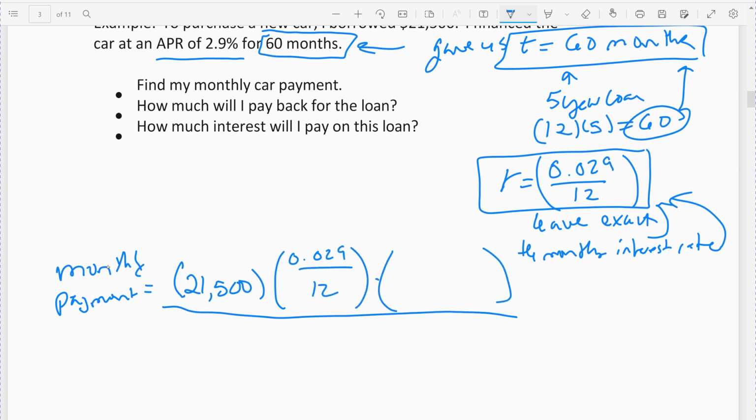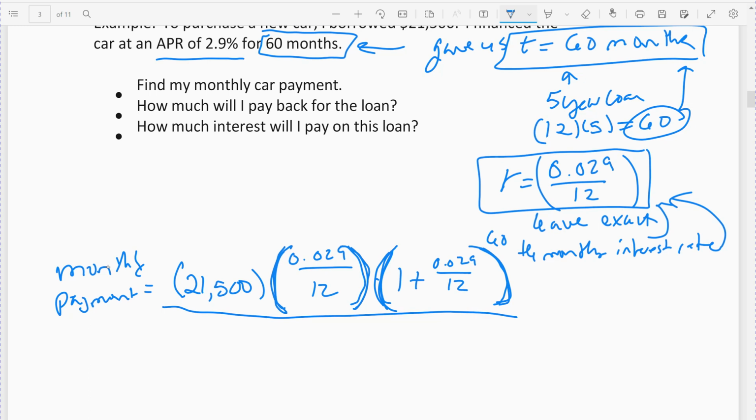And then we'll also need parentheses here, around the addition, where I've got 1 plus r. So 1 plus that fraction raised to the t, which is 60. Again, I would put parentheses around the fraction, and you have to have parentheses around this addition.